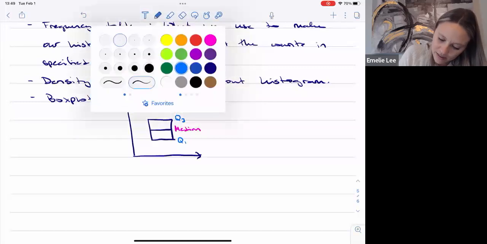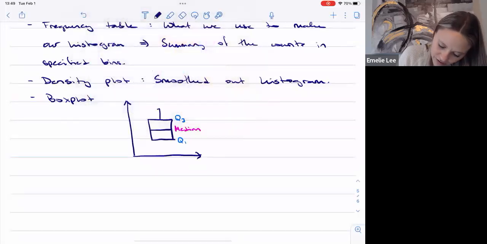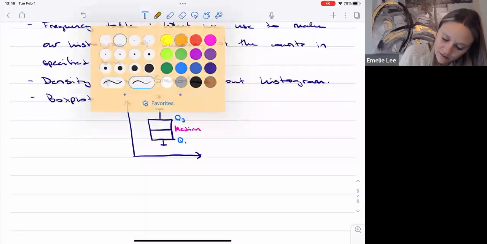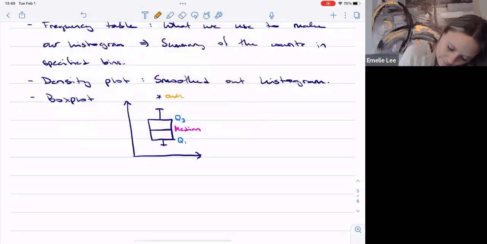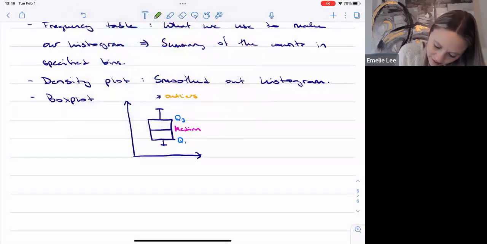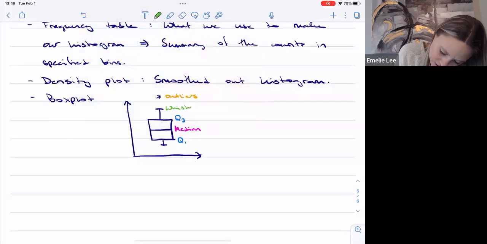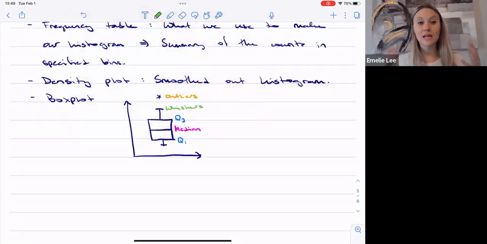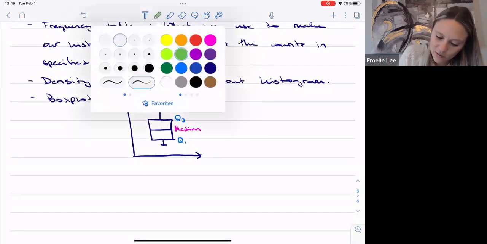And then we've got whiskers, and potentially some outliers. The whiskers extend and use the 1.5 IQR rule.